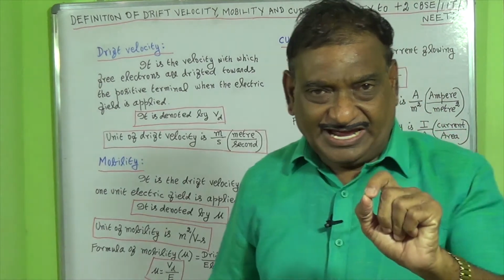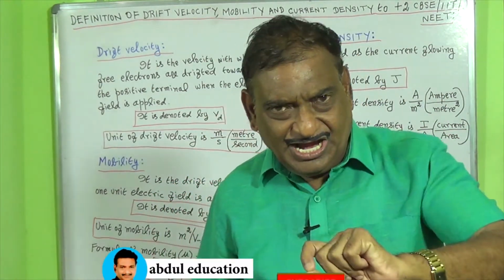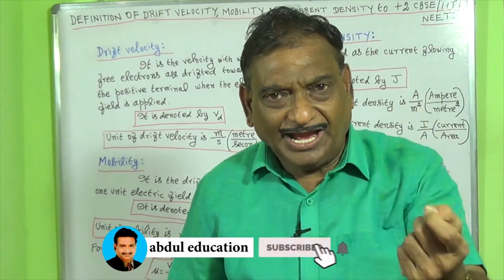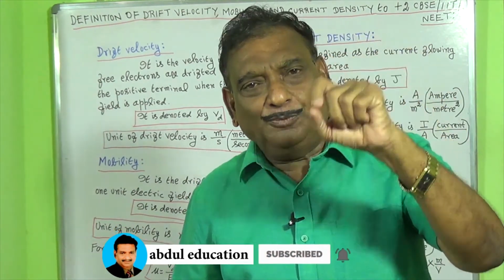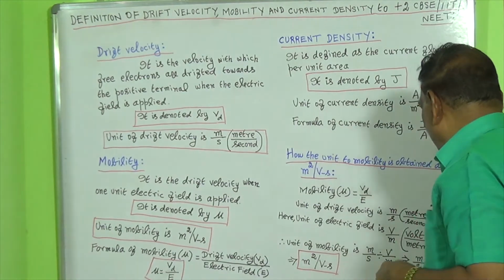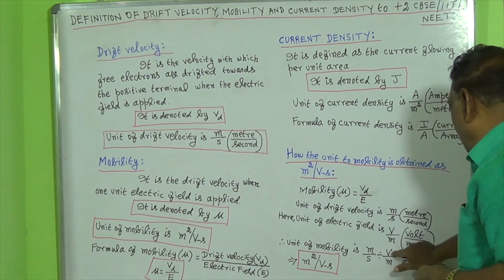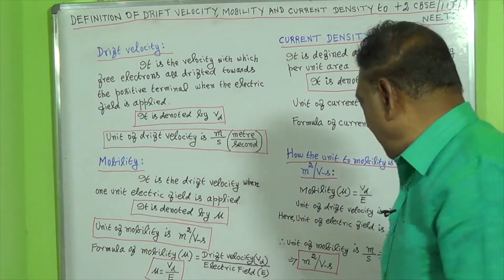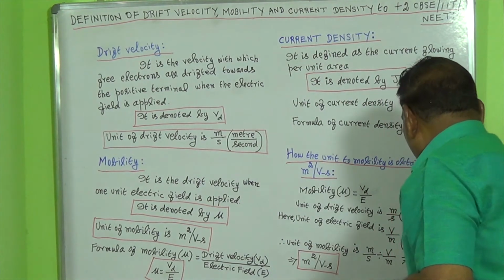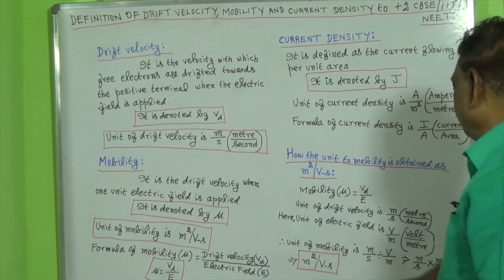If the divisor comes as a fraction, it should be reciprocated and multiplied. If we reciprocate and multiply, the numerator V, that is capital V, will become the denominator, and the denominator small m will become the numerator.